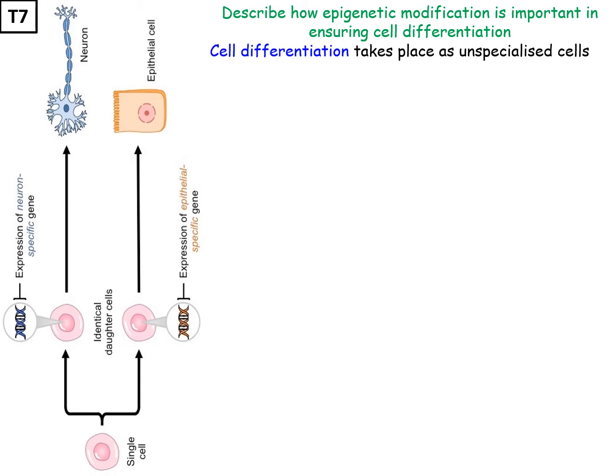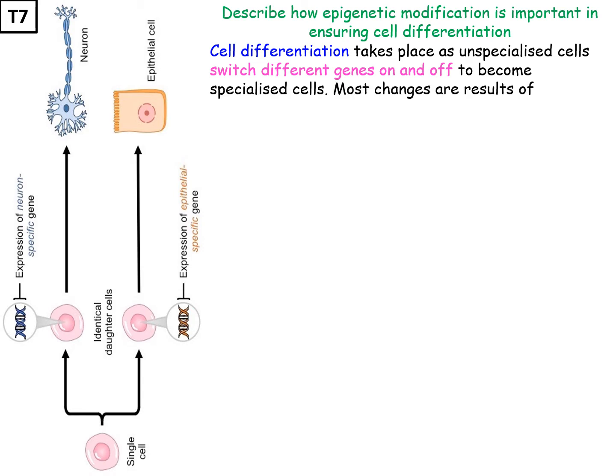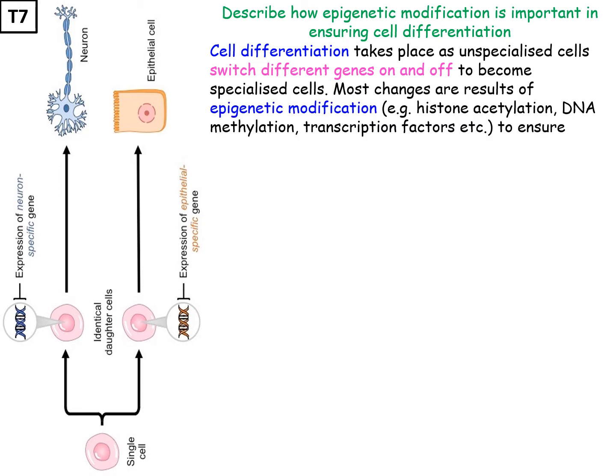So cell differentiation takes place as unspecialized cells switch different genes on or off. That's another way of saying the genes being expressed or not being expressed to become specialized cells. Most changes are results of epigenetic modification. So the examples we saw were things like histone acetylation, DNA methylation, and transcription factors. All of those are examples of epigenetic modification that causes cell differentiation to take place.